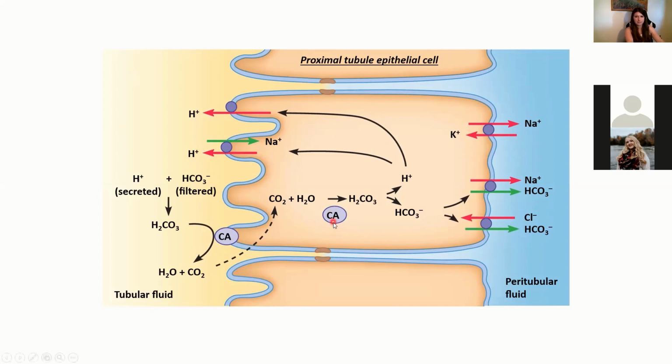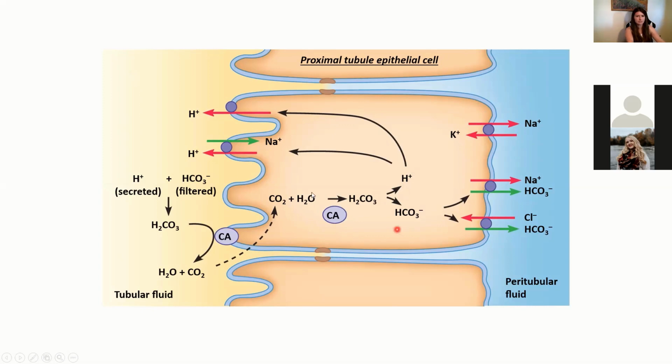So carbonic anhydrase converts it to carbonic acid, which can then dissociate into hydrogen ions and bicarbonate ions, because that's what it does. It just dissociates. So we had our hydrogen ions and our bicarbonate in the tubular fluid, converted them to water and CO2, absorbed the CO2, and then basically turned them back into hydrogen ions and bicarbonate.